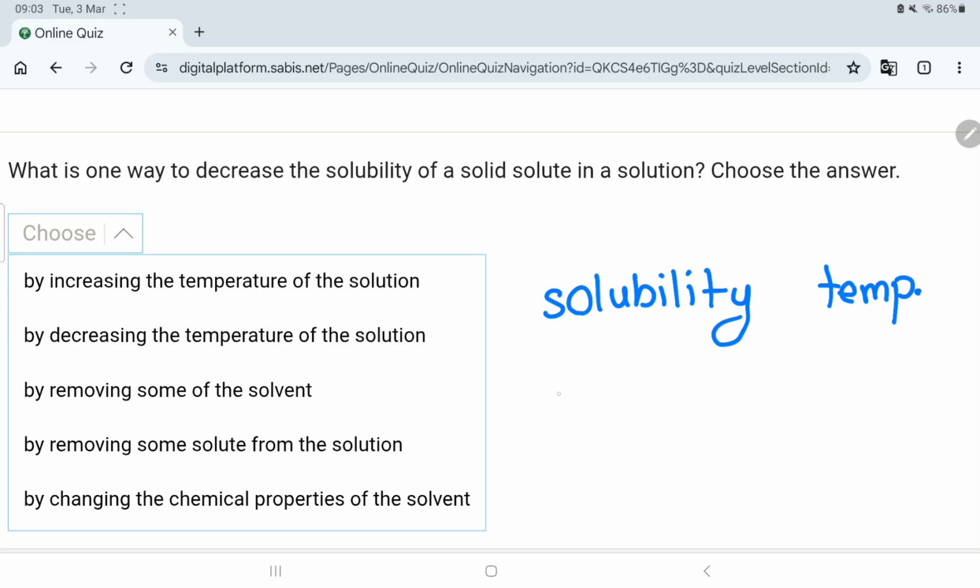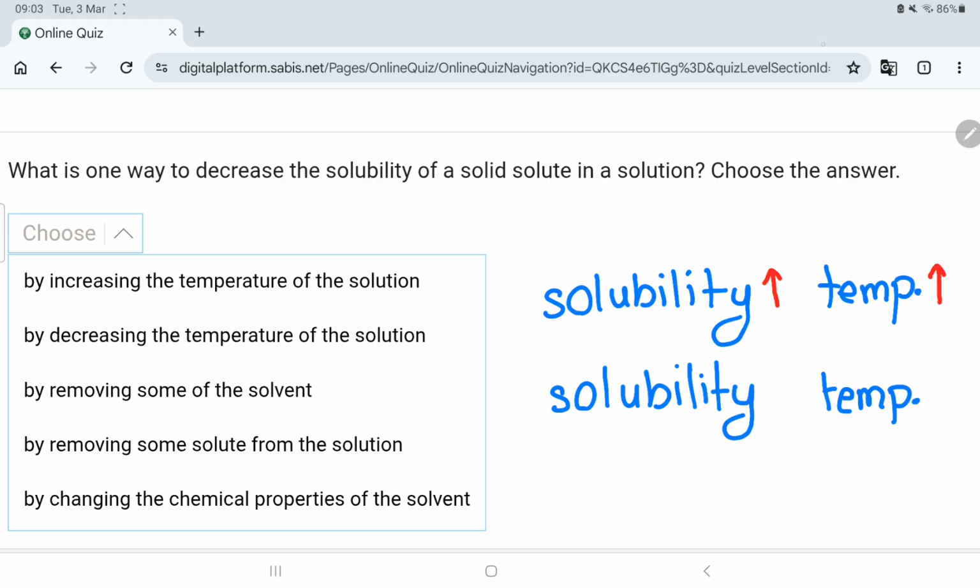Solubility and temperature move in the exact same way. If you wanted to have a higher solubility, you should have a higher temperature. If you want to have a lower solubility, you need to have a lower temperature.